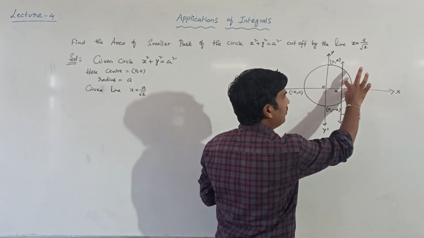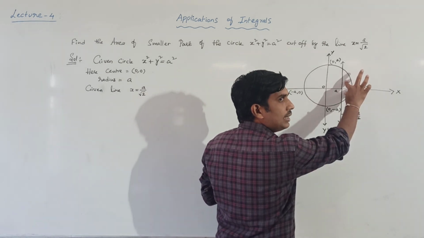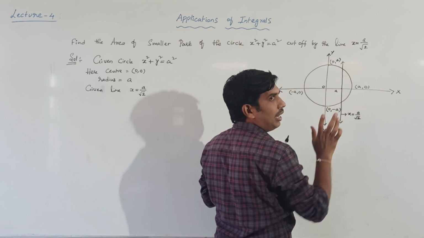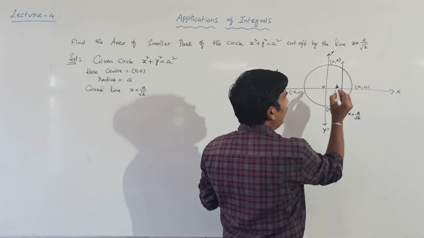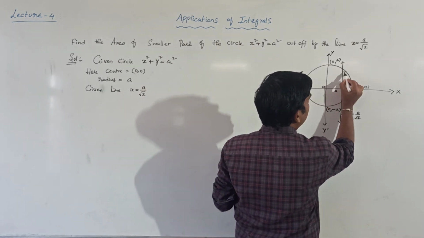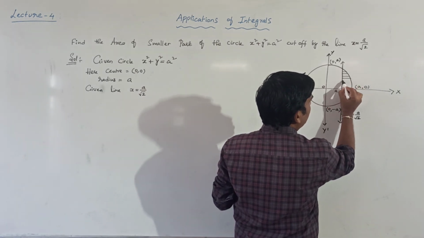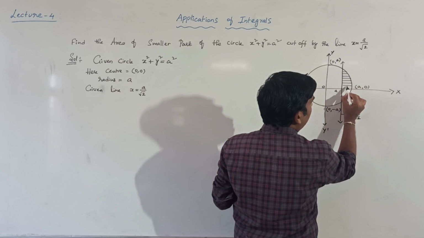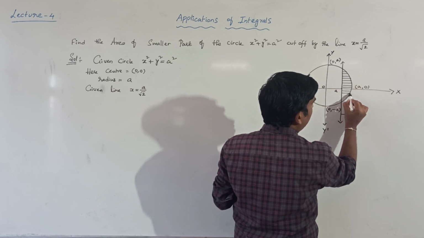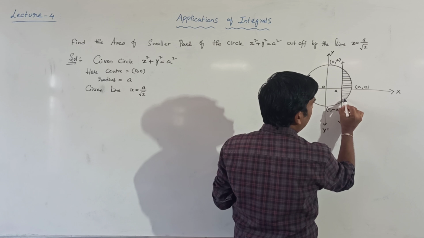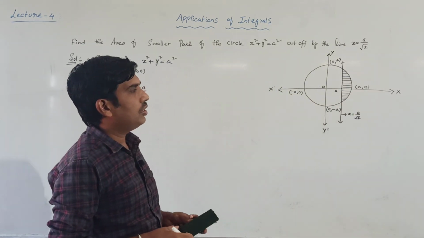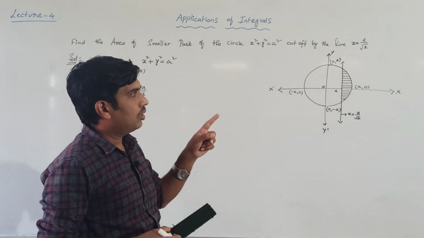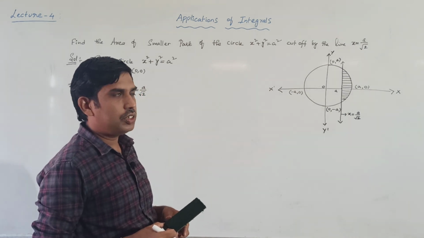Nothing but this one. This is the smaller part of the circle. So we have to evaluate the smaller part area. So shade the required region; the required shaded region we have to evaluate.